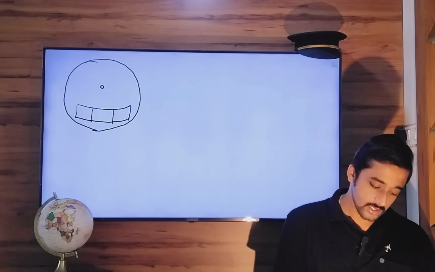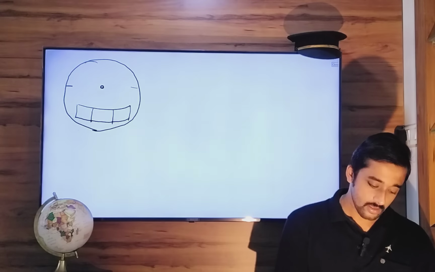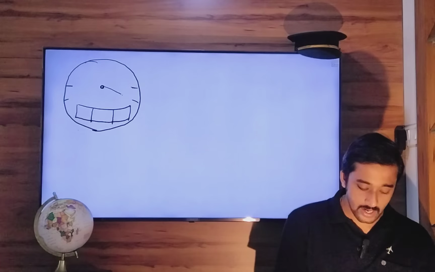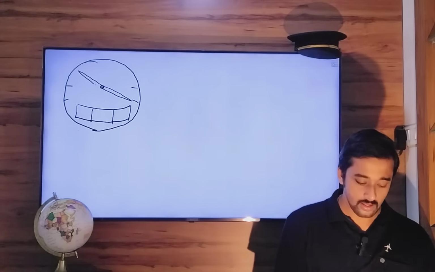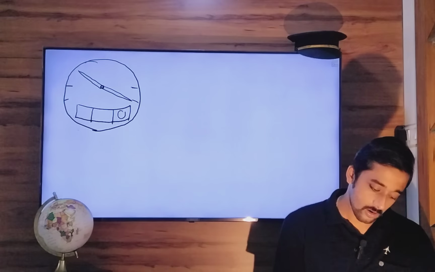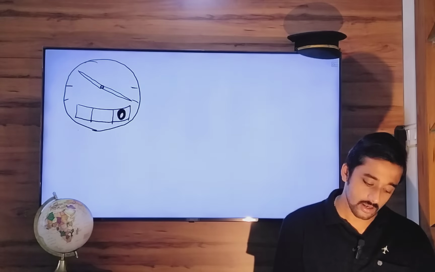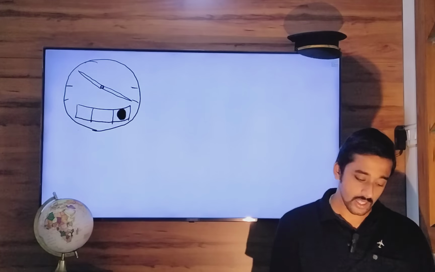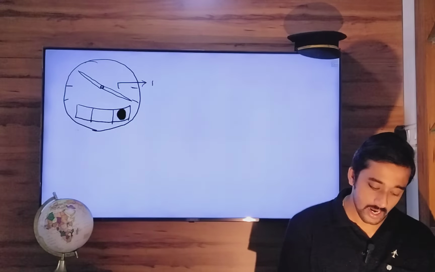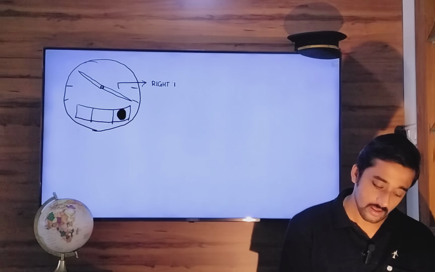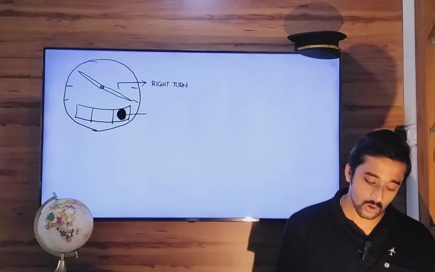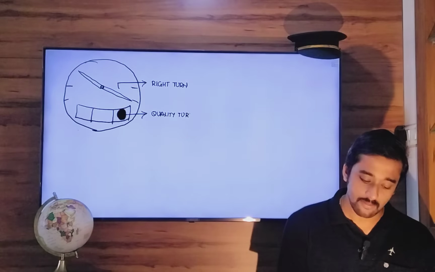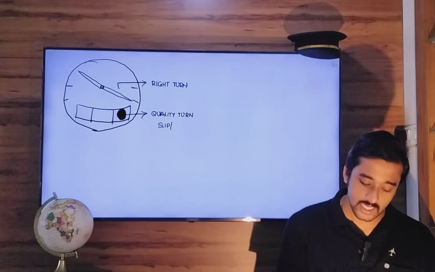So currently your aircraft is showing a right hand turn like this, and the ball of this inclinometer has also shifted to the right hand side like this. Okay, so the needle shows right hand turn correctly. The job of the ball is to show the quality of the turn. Whether you are slipping or skidding.